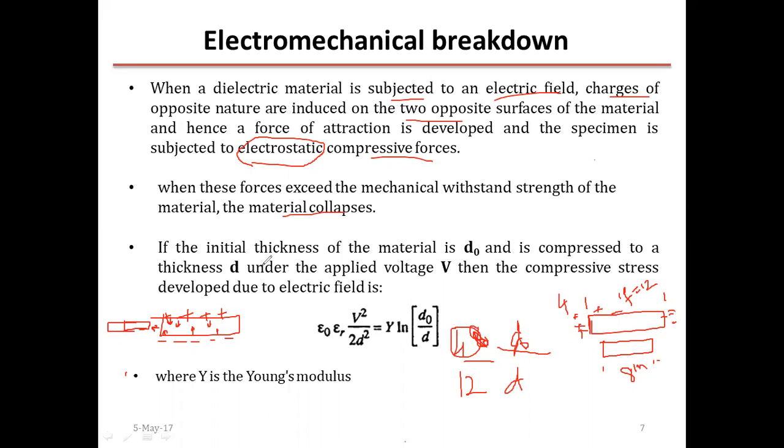If the initial thickness of the material is d naught and it is compressed to the thickness d, I was wrong earlier: this is actually the initial thickness, and the compressed one is this d. So this will be not 12 but 12 by 4.